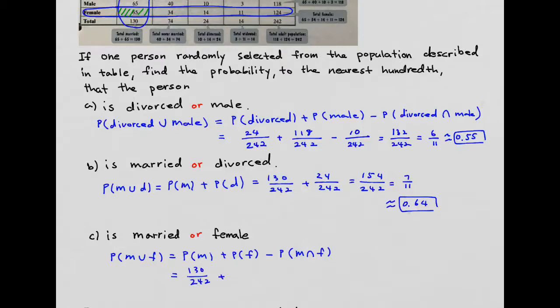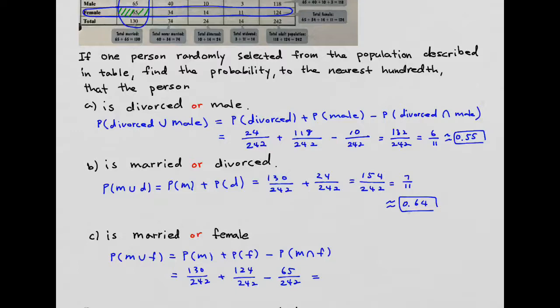Probability of female is right here, 124 over 242, minus probability of married and female, which is right here, 65 over 242.